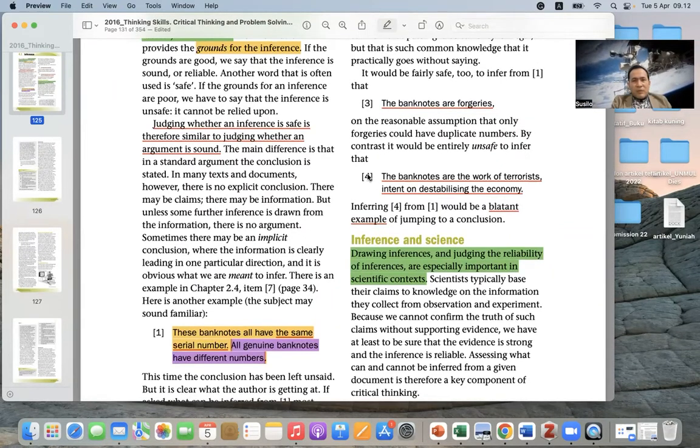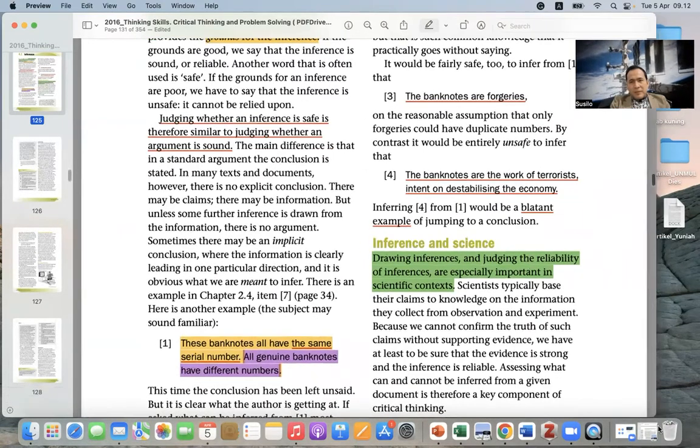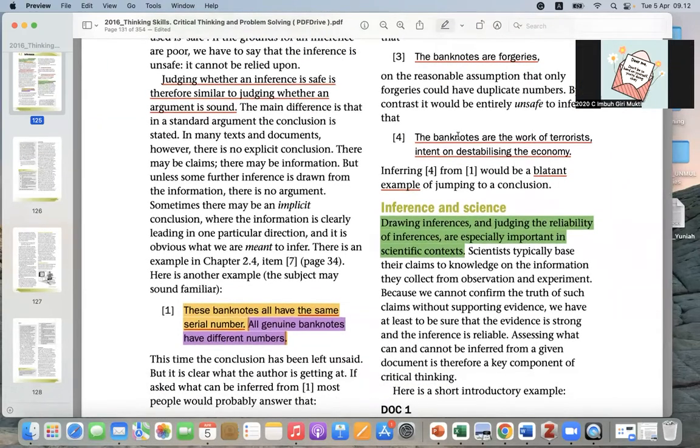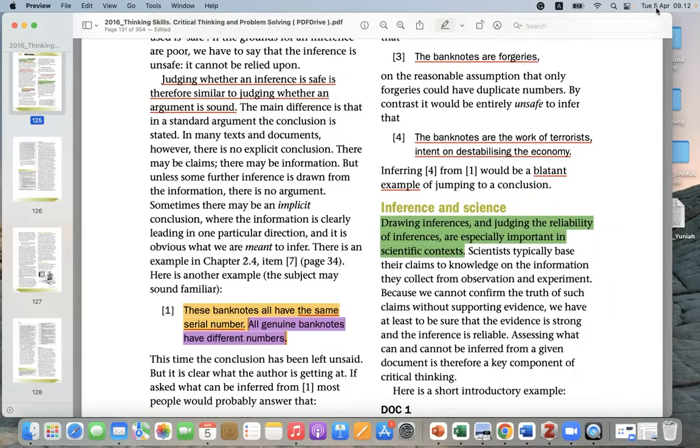So look at number 4. Let me make it larger. Okay. So number 4 means this one: the banknotes are the work of terrorists intent on destabilizing the economy.